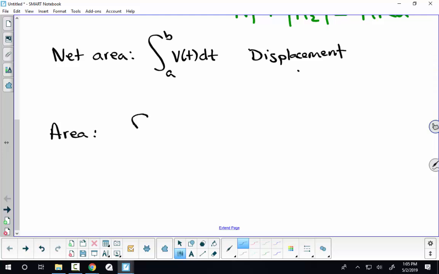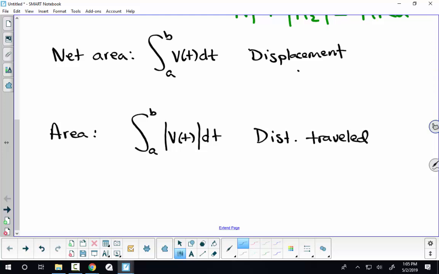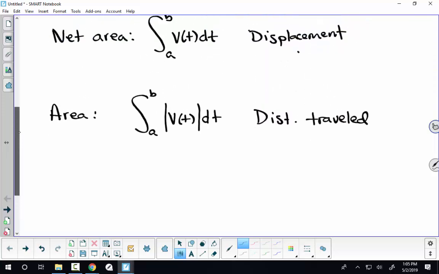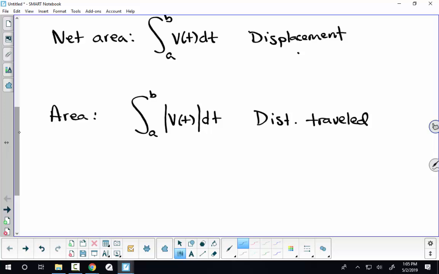Whereas for the area, we would look at the absolute value, and all that's doing is ensuring anything that's negative is now positive, and then this would be the distance traveled. You don't really have to take away anything from this.